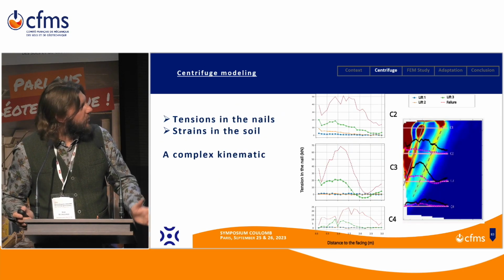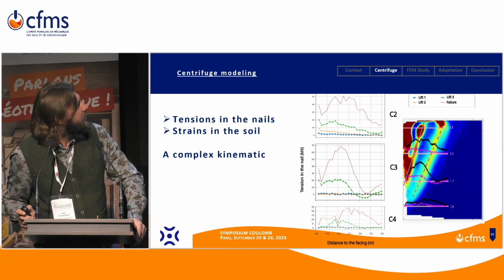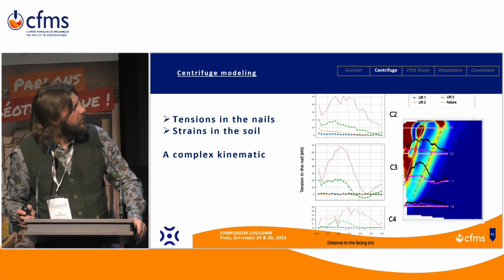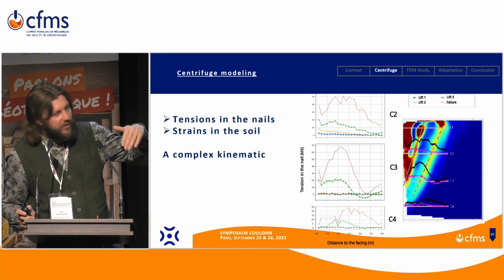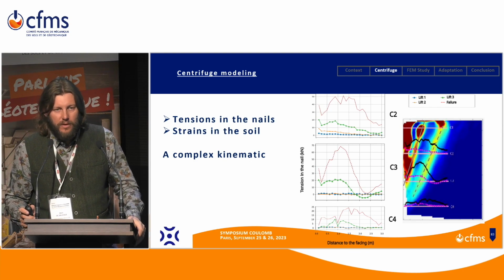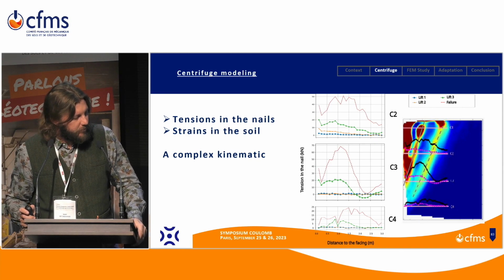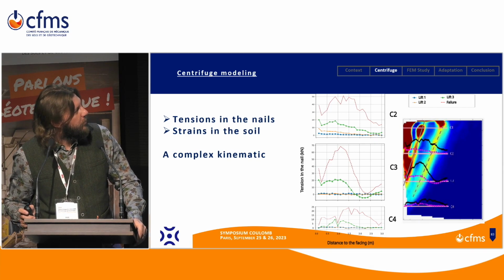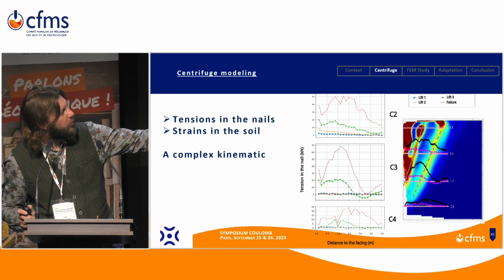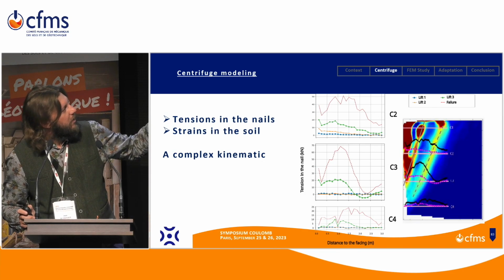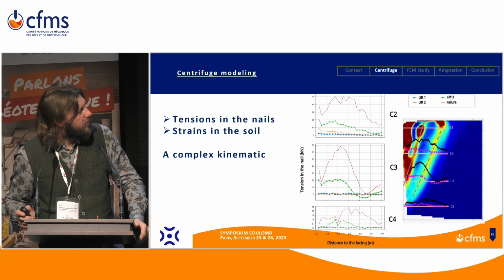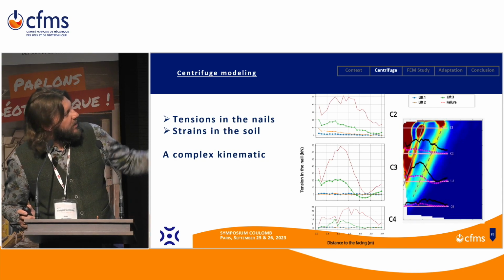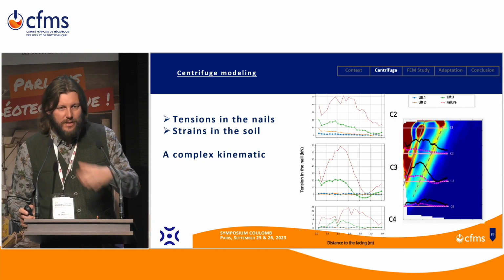So we get this kind of results. In the nails, we can again see that the nails are mobilized progressively with different excavation lifts. And we can also observe when we look at the strains, the color map: red is the maximum strain and blue is zero strain. We can observe that we don't really have a slip line.